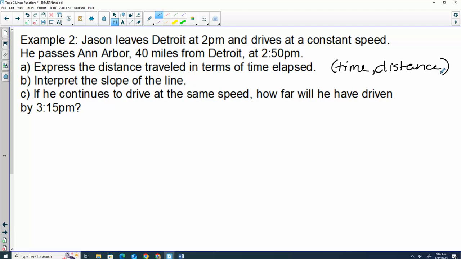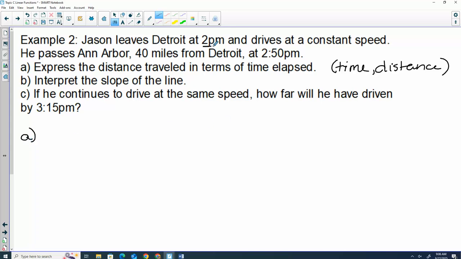Y is always in terms of x. So time is x, distance is y. Did I give you certain variables to use here? No. So if you want to use d and t, you certainly can, or we can use x and y, whatever you guys like. But I need ordered pairs if I'm going to do this. And the ordered pairs are a little less obvious than the original one, aren't they?